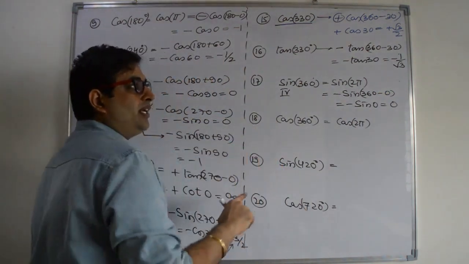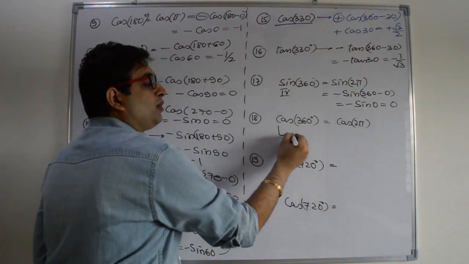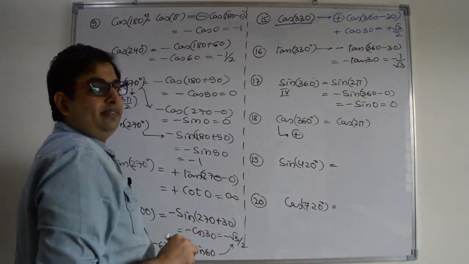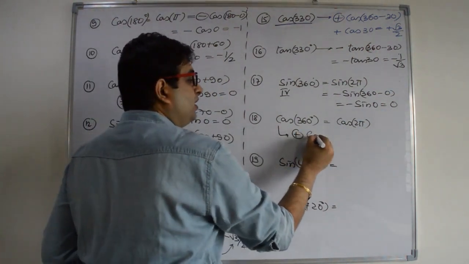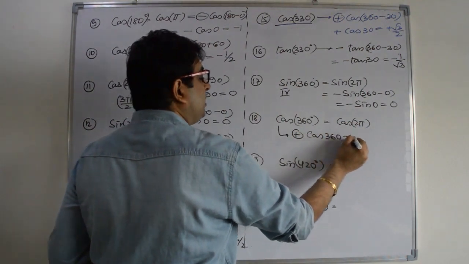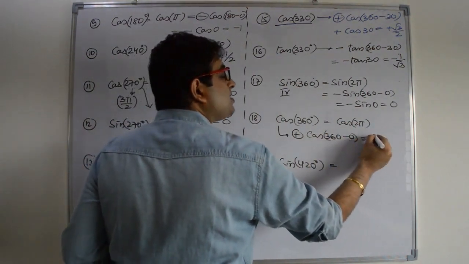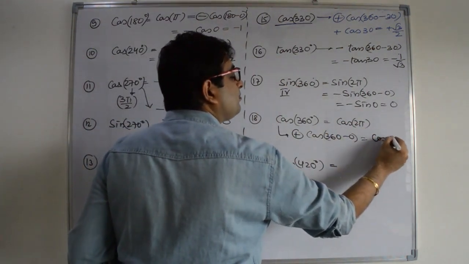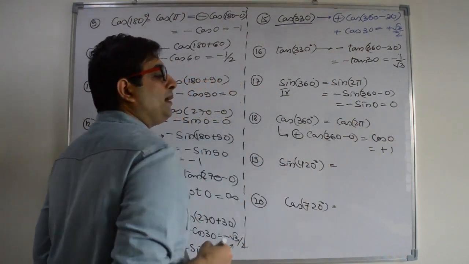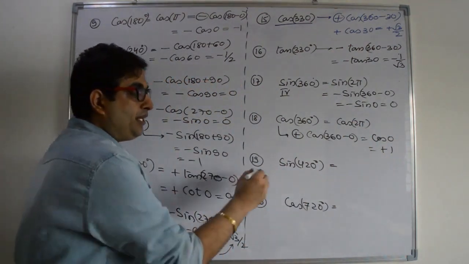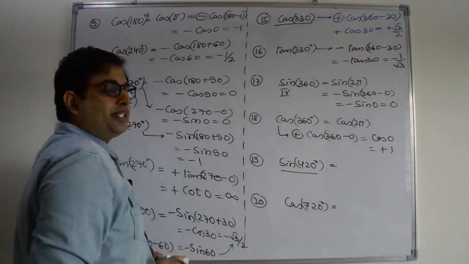Cos 360 degree, cos 2 pi. Cos is positive in the fourth quadrant, so it is positive. Cos of 360 minus 0, it is cos 0. Answer is plus 1.